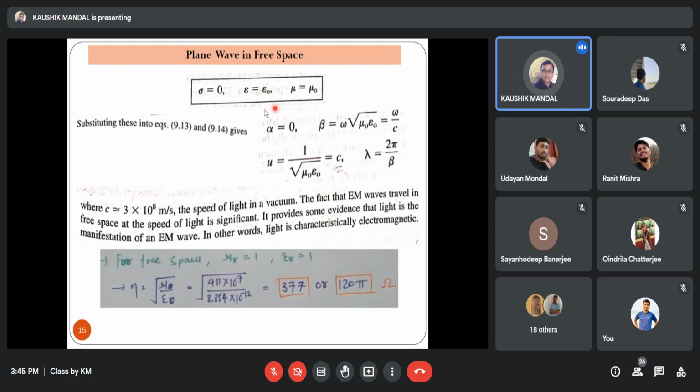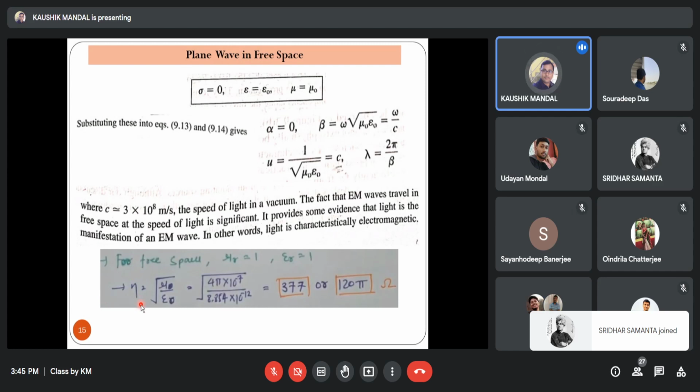So alpha becomes this, beta becomes this. Next, the equation of intrinsic impedance becomes root of mu naught by epsilon naught. Then you just put the values of mu naught and epsilon naught for free space and calculate it. It will be around 377 ohm.